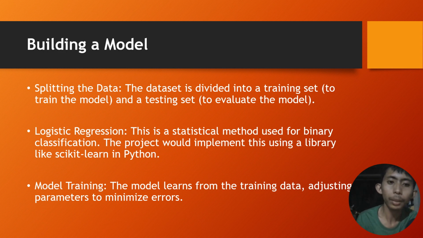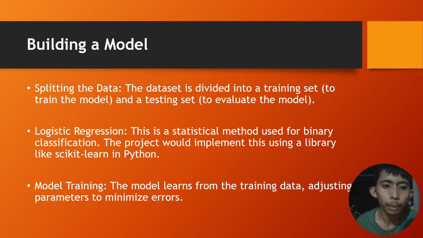Then, building a model. This consists of splitting the data into a training set, which is to train the model, and a testing set, which is to evaluate the model. Logistic regression is a statistical method that is used for binary classification and also for the model training.